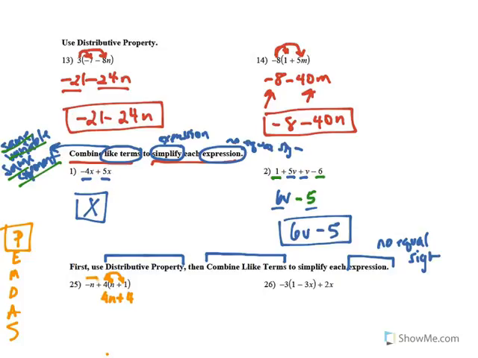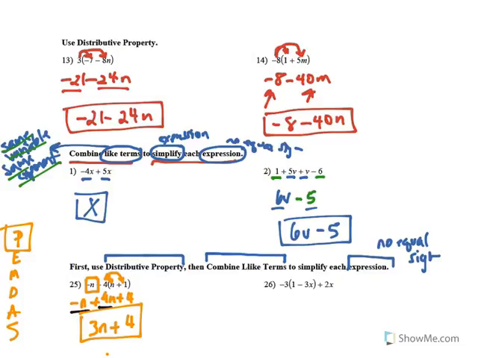And then over here we have not touched anything, so we're just going to bring that negative n down. So now I need to identify my like terms and then combine them. So here I have negative n plus 4n is going to give me 3n. Plus 4 is a constant and cannot be combined with anything else. My answer is 3n plus 4.